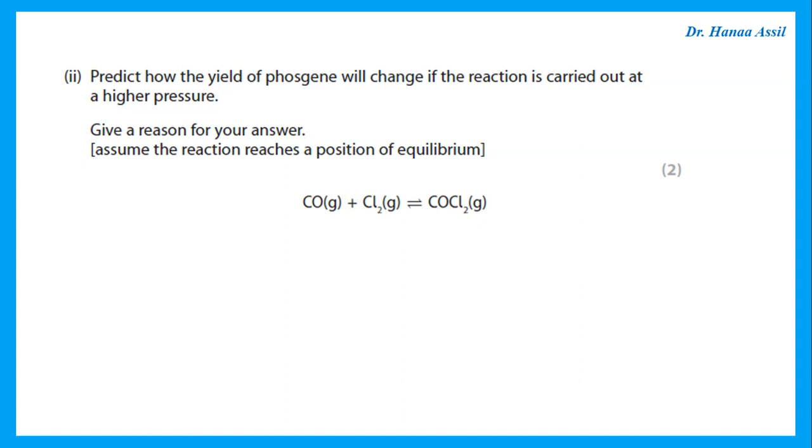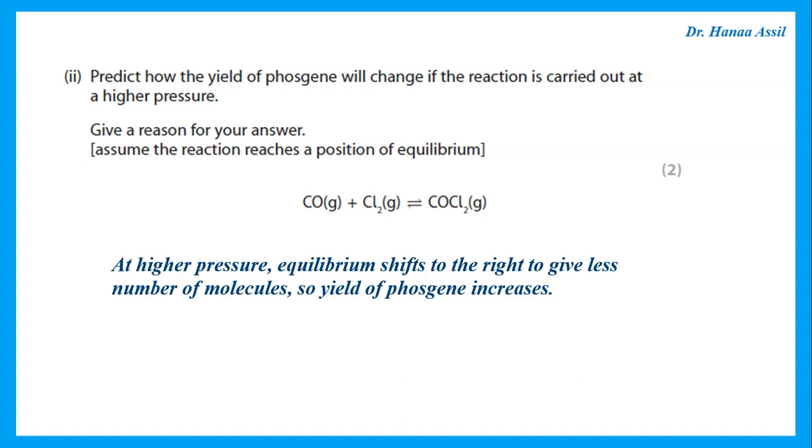Remember, we look for endo or exo only when we're changing temperature. When we're increasing pressure, it goes to the side with less number of moles. So in this reaction at higher pressure, the equilibrium will shift to the right or it will go forward because this is where I have less number of moles or less number of molecules, and that means it will give me more yield of phosgene.